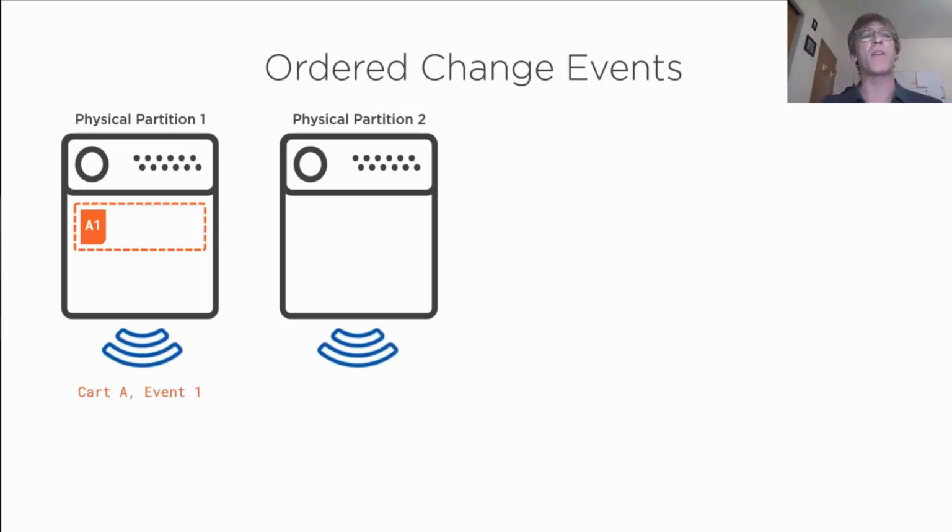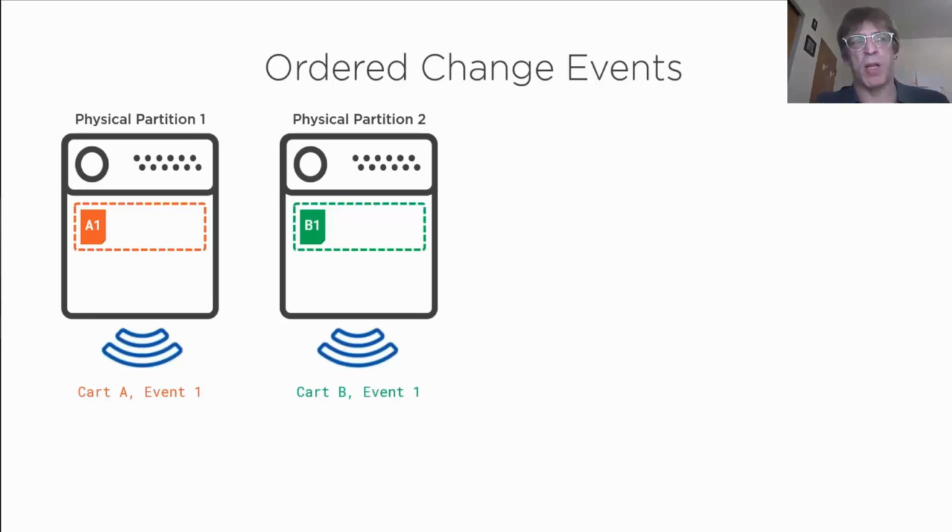So if I partitioned on the cart ID property, or the order ID property, whatever you want to call it, the first cart is opened up and the first event occurs because the user has added an item to the cart, and then another user has added another item to another cart. So in this particular case, Cosmos DB has created separate logical partitions.